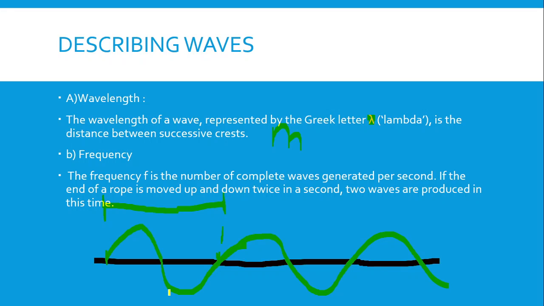If you look closely, this distance represents one complete wave, that is one crest and then one trough.